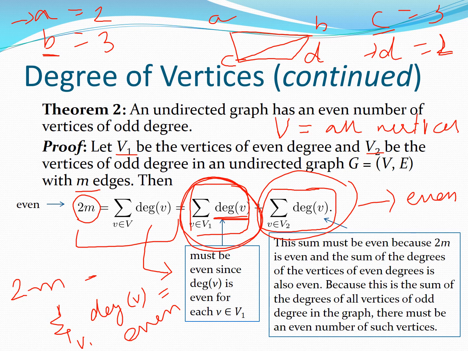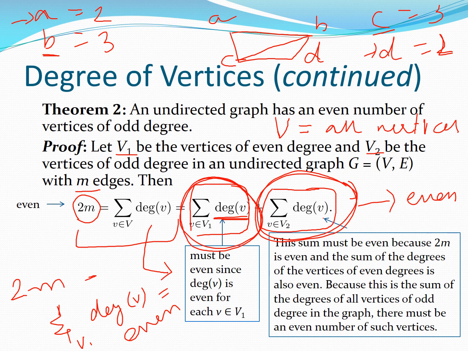However, what kind of degrees are we adding up here? We are adding up all the odd degrees. We know that if we add two odd numbers, we get back an even number. So there have to be pairs of these odd numbers in order to get this entire thing to be even, which tells us that there has to be an even number of vertices with an odd degree.